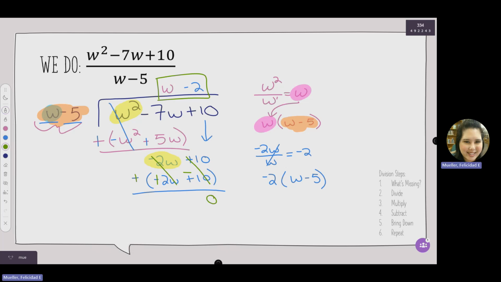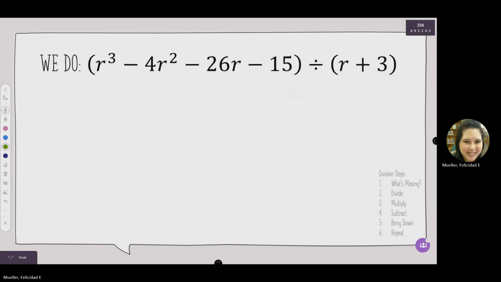Again, as always, pause the video if you need time. But let's go ahead and take a look at the next problem. So this time we have r cubed minus 4r squared minus 26r minus 15 divided by r plus 3. Our divisor is r plus 3.